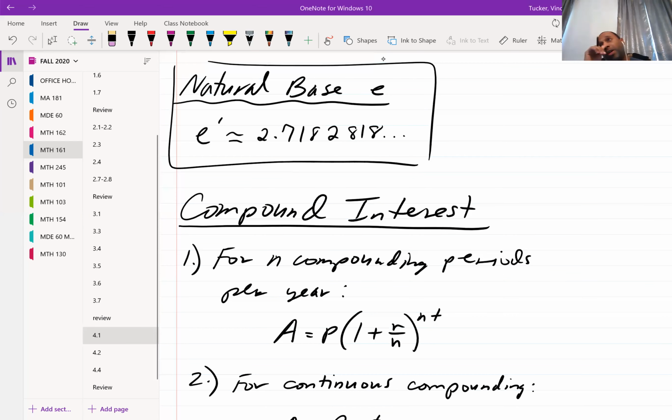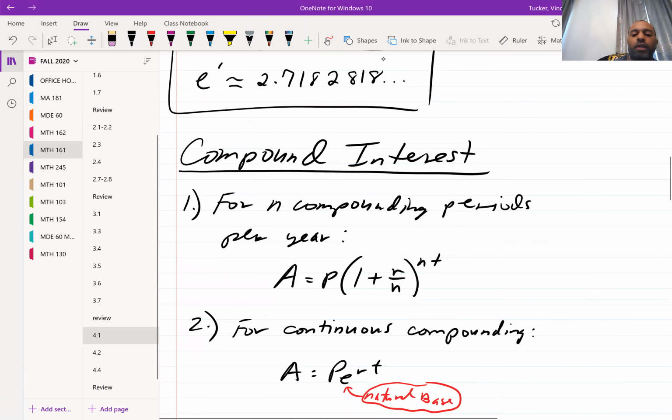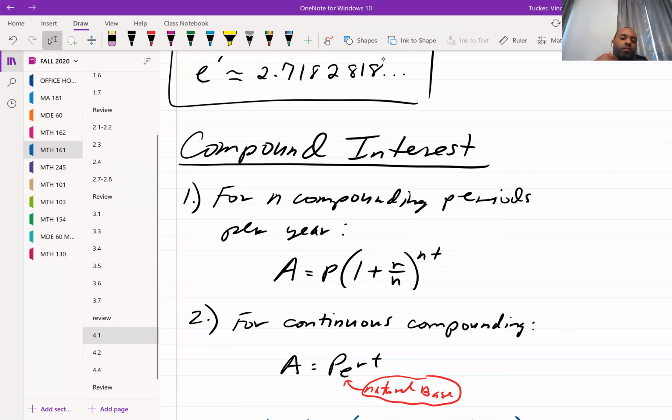So when you're talking about deposits into a bank account, loans, money taken out, being applied over a certain amount of years with a certain rate, that's what we're looking at here. Continuous compounding would be A equal to P times e to the r times t power, or rt power.